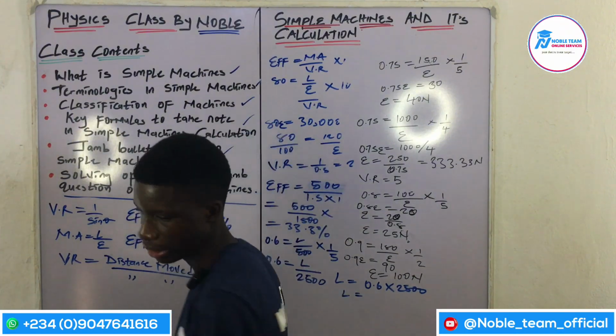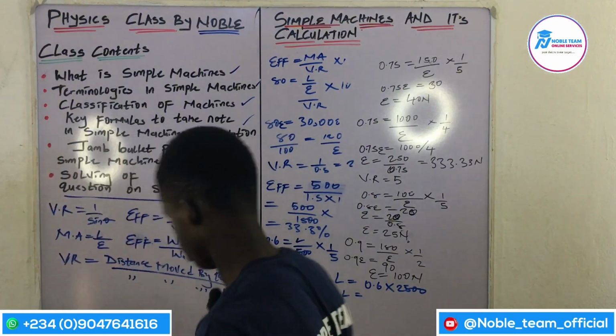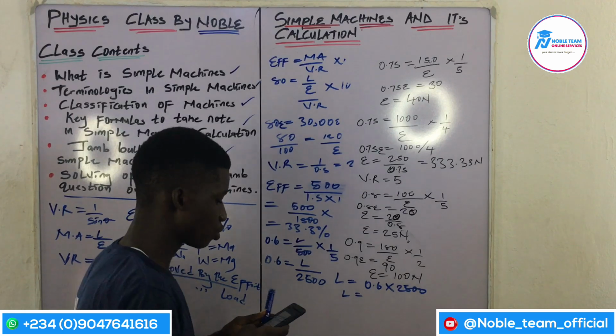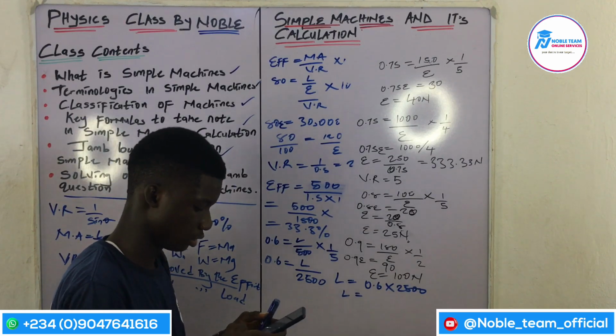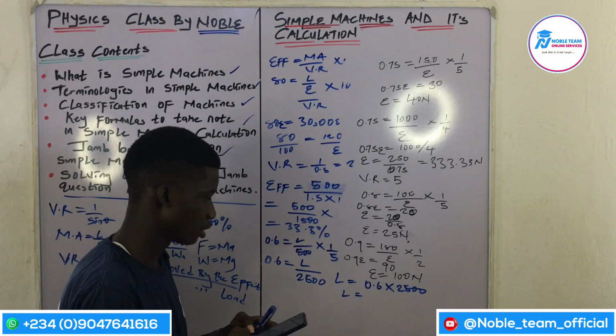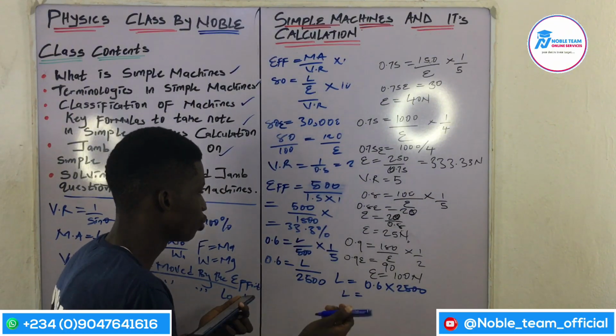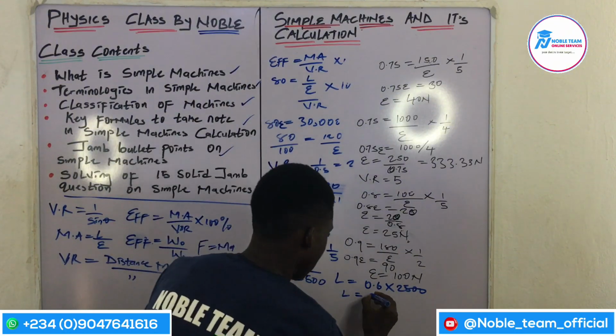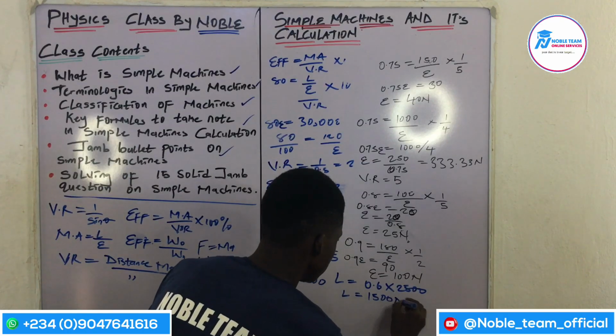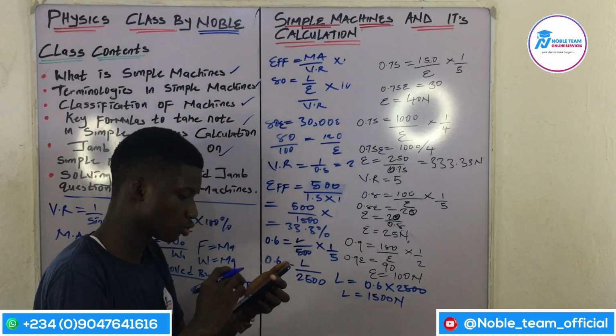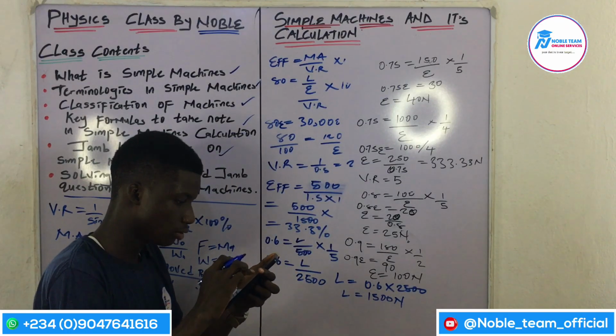Let me get my phone and calculate. 2500 multiplied by 0.6, I have it to be 1500 Newton.